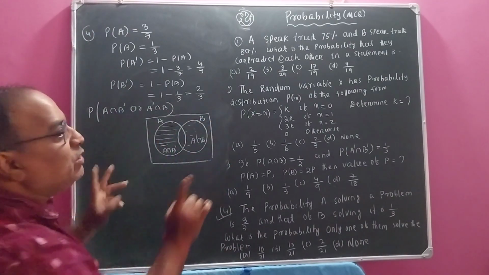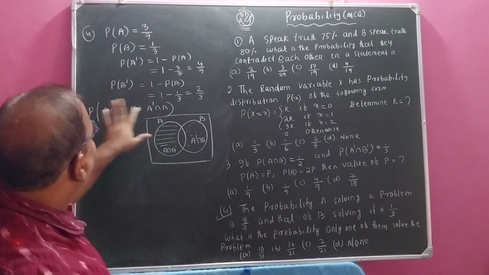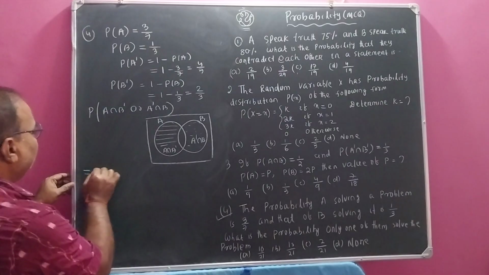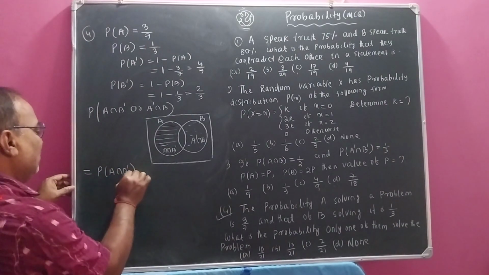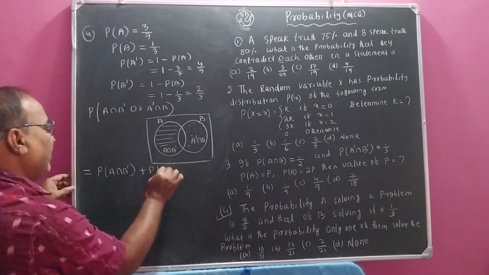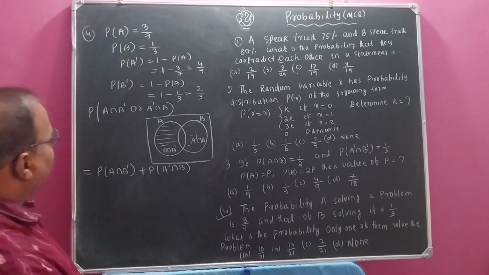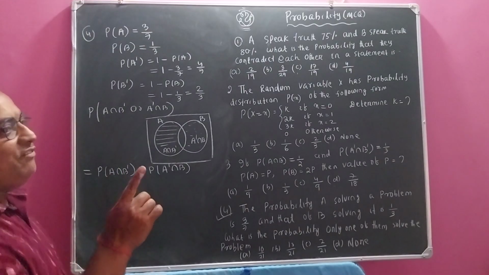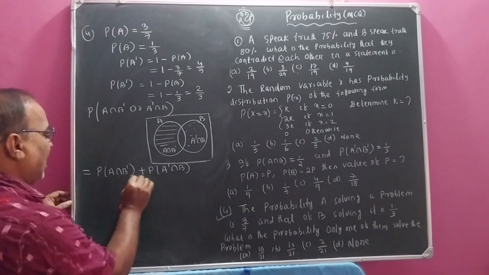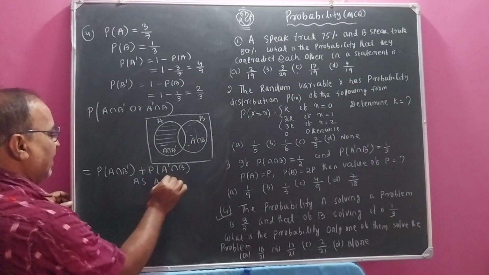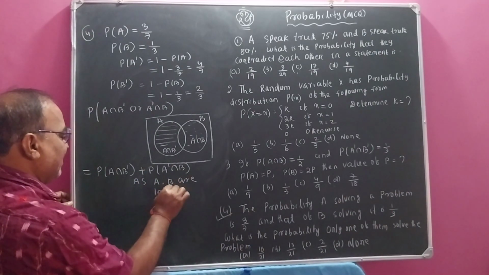So these are two mutually exclusive events. They have no common elements. So apply the formula: probability of A intersection B dash plus probability of A dash intersection B. As A and B are independent, write down as A and B are independent.